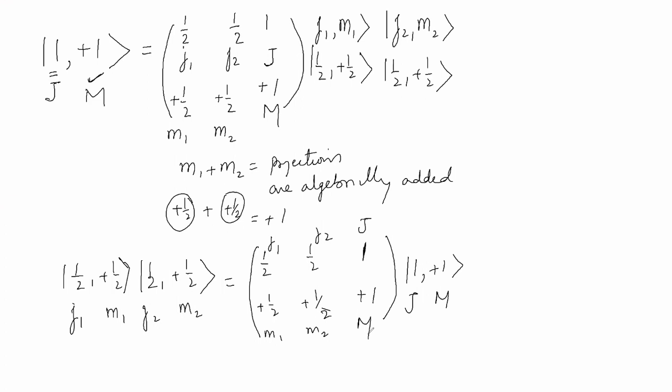Sir, is it a matrix? This is what we will call Clebsch-Gordon coefficients. For sure, this is going to be by choice a real number.